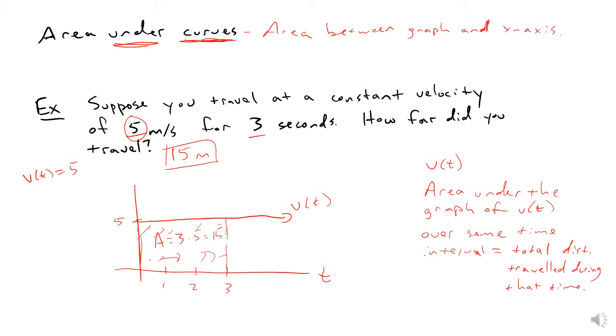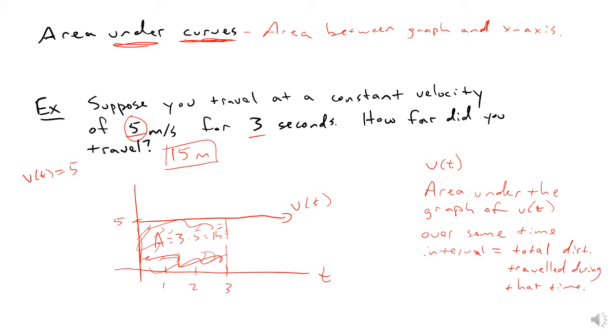At least as far as we're concerned in this section, that's what it's going to mean. We could also look at the area between the graph and the y-axis, but we're not going to worry about that here. When we talk about finding the area under some curve, we're talking about the area that lies between the graph of that function and the x-axis.